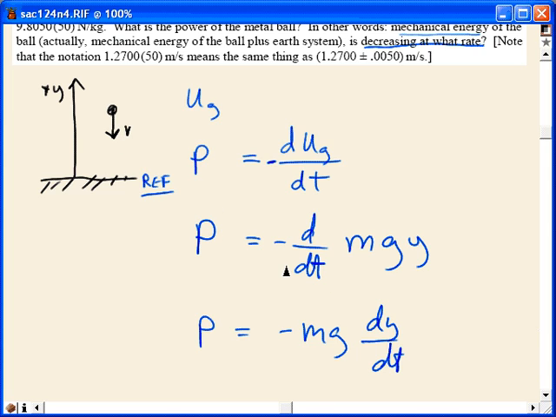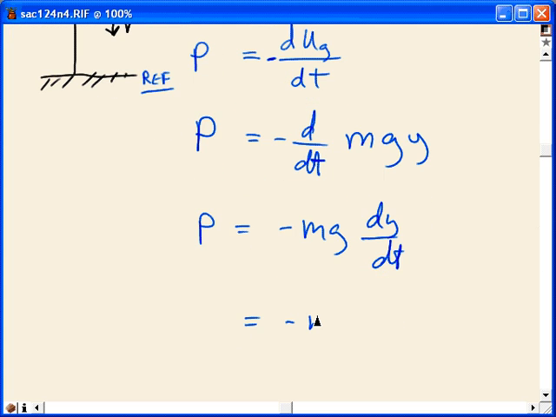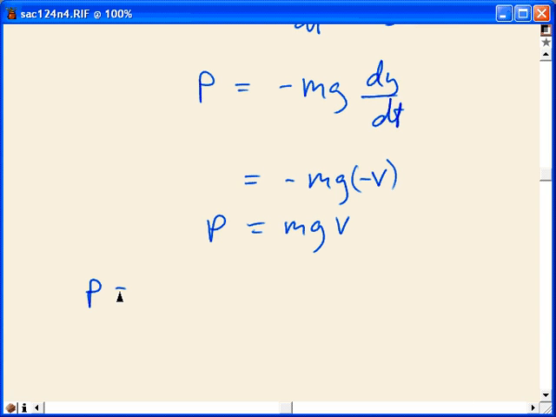I call it v downward positive, so this is negative v. Minus mg times negative v, or just mgv. So the power turns out to be a pretty simple expression. Let's go ahead and evaluate that.